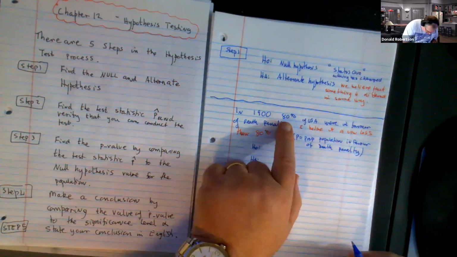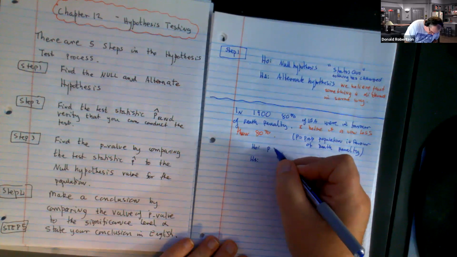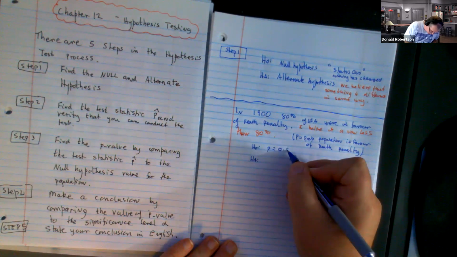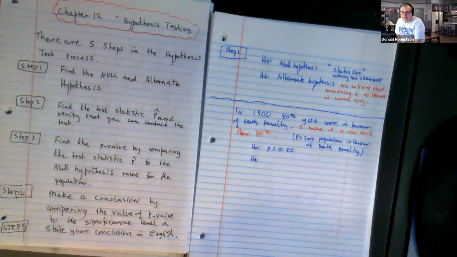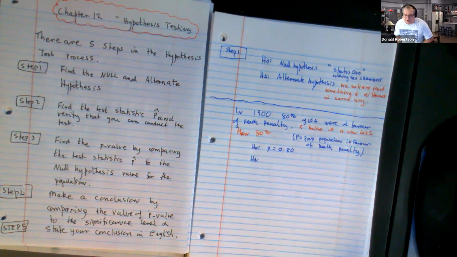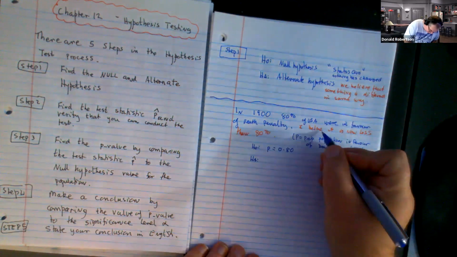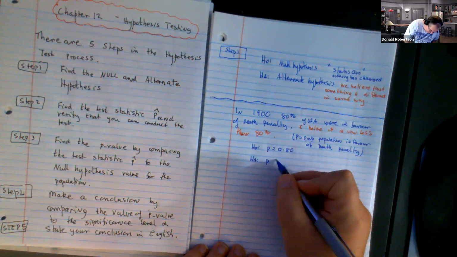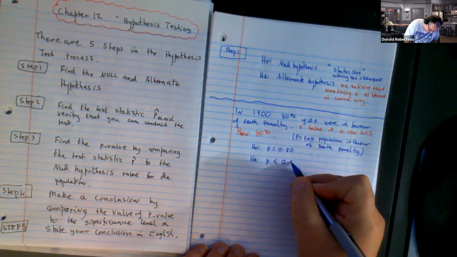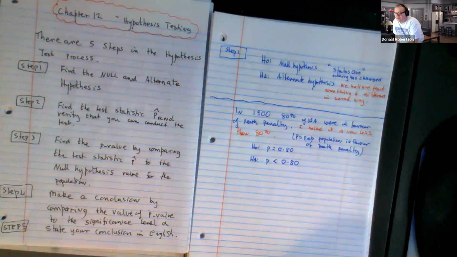The null hypothesis is that it hasn't changed. It's still the same number it was in the 1900s, still today, 80%. The alternate is what this guy believes. He believes it is now less than 80.